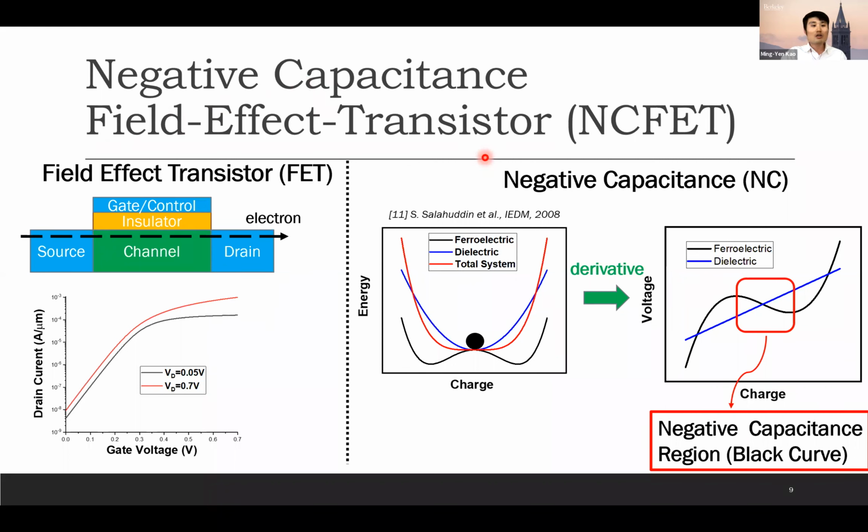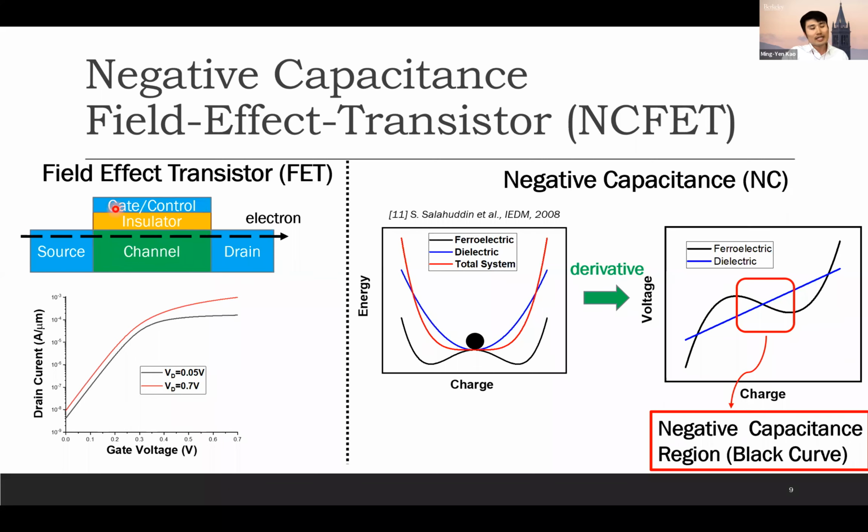Let's talk about what a FET is first. A FET, the field effect transistor, is like a switch, and it's composed of at least 3 terminals: the source, drain, and gate. Carriers like electrons flow through this channel, and this channel can be controlled by the gate. The gate can decide whether this channel is on or off.